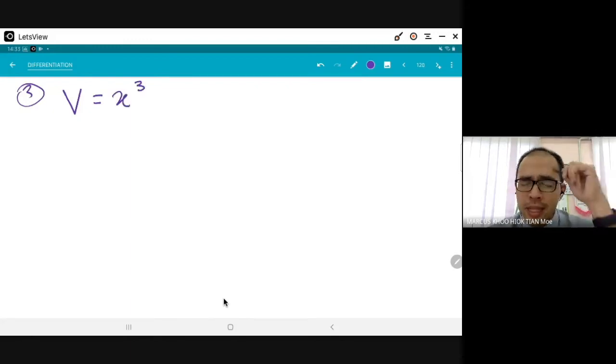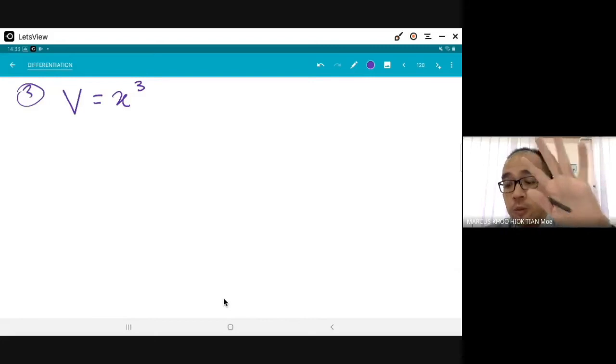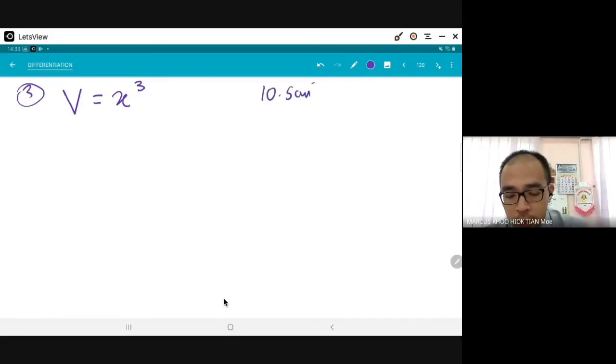Okay, so this is the hard part now. We have to figure out what is the formula that we want to use. Okay, that's why all the volume, area, semua formula itu kan mesti kau ingat ini. Okay, so V equals to x cubed. So that's number 1. So what is this 10.5 centimeters cube per minute? Apa ini 10.5 ni?